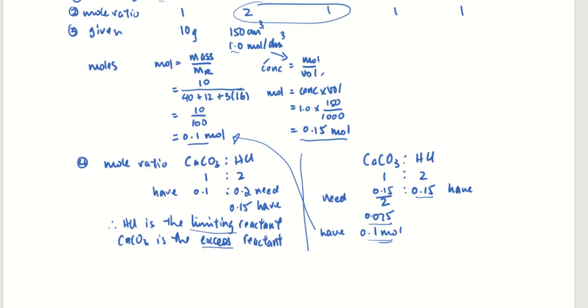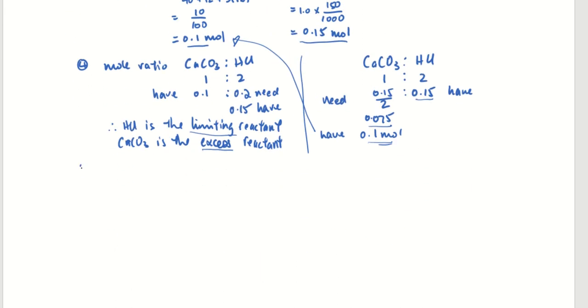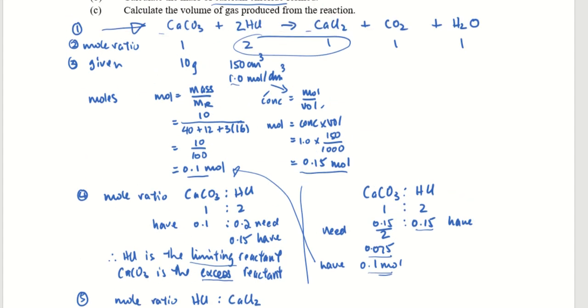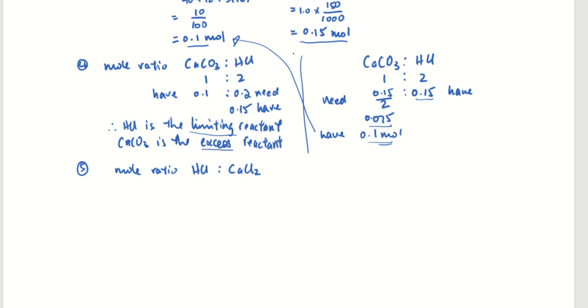So let us now do step 5. The mole ratio of hydrochloric acid to the product of interest, calcium chloride, is, let's take a look again at the equation, 2:1. 2 moles of hydrochloric acid will react to give you 1 mole of calcium chloride.